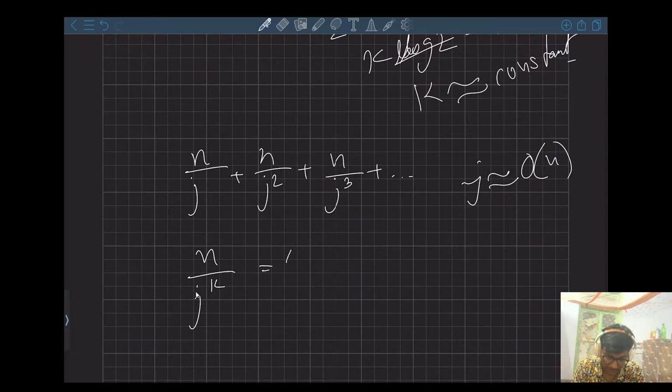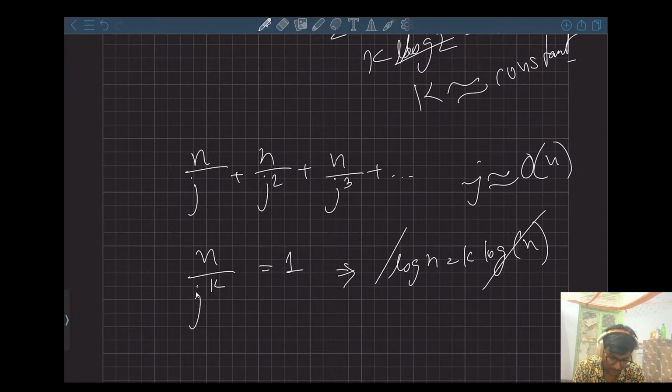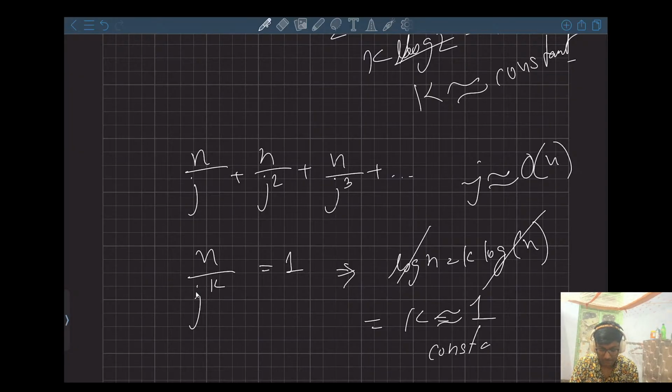If I assume as 1, then can I say that log n equal to k log n, so can cancel. So k equal to 1, which is constant. That's what I want to mention. So constant. So I can only go up to constant number of terms in order to get this.